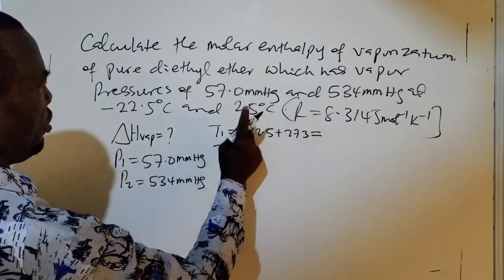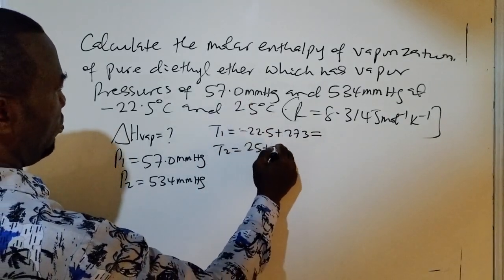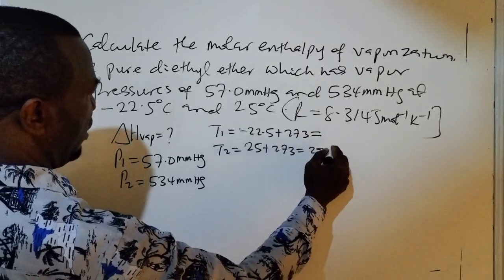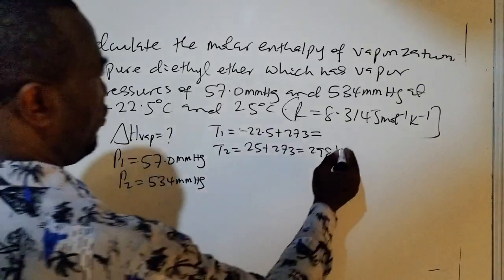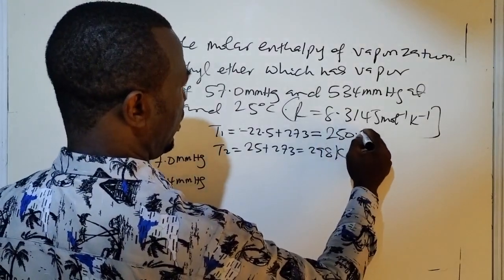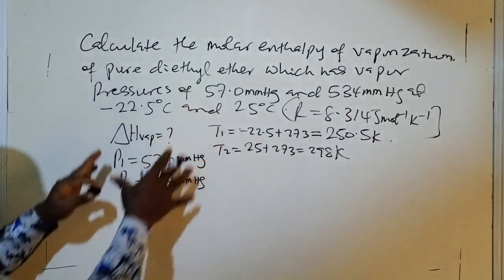Our T2 is 25, we add 273 to it to bring it to Kelvin. That gives you 298 Kelvin. While the first one, minus 22.5 plus 273, will give us what value? If you calculate, it will give us 250.5 Kelvin. So that is it. We have itemized all we need.